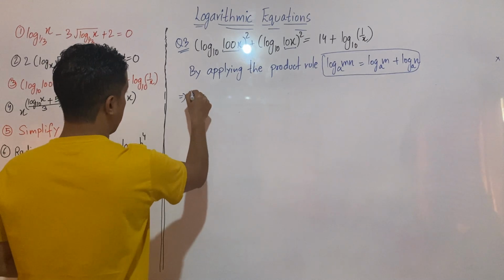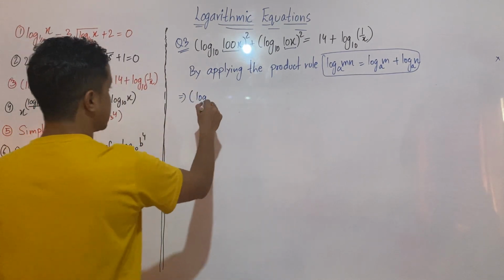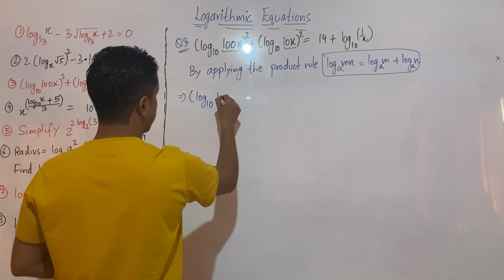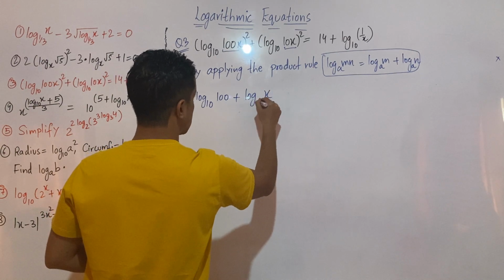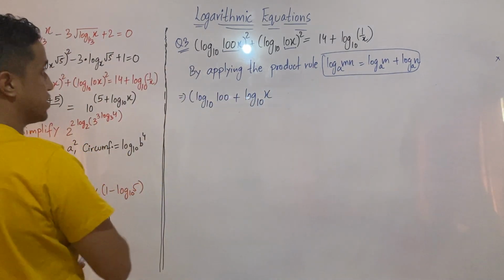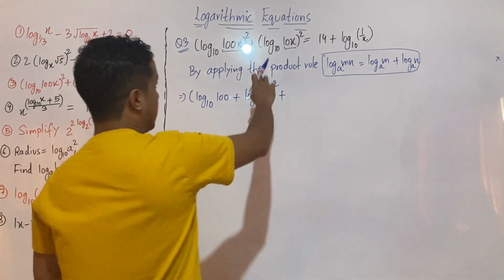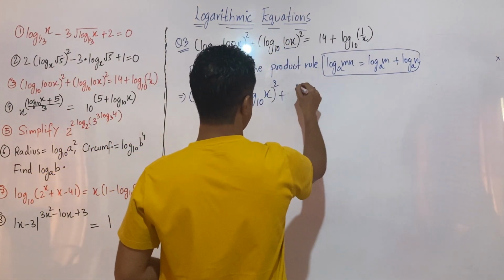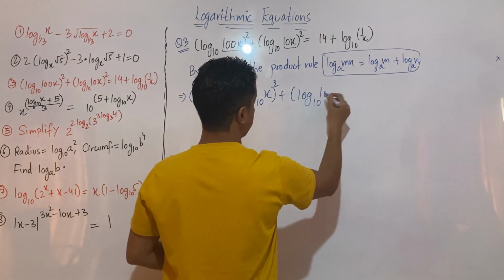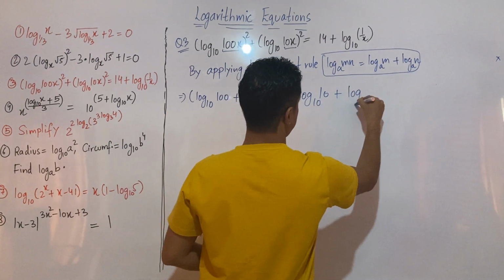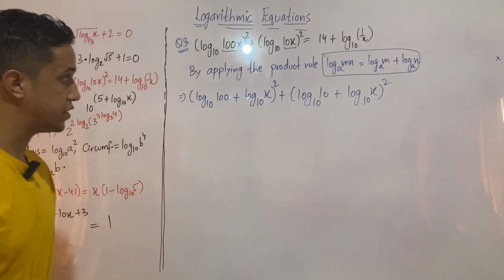It's going to be log of 100 to the base 10 plus log of x to the base 10, right? And here, square plus, again the product rule, so it's going to be log of 10 to the base 10 plus log of x to the base 10 whole square, right?